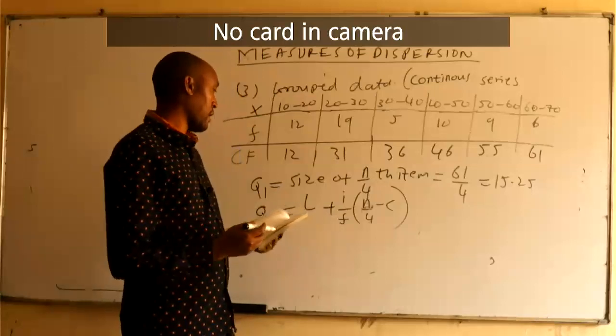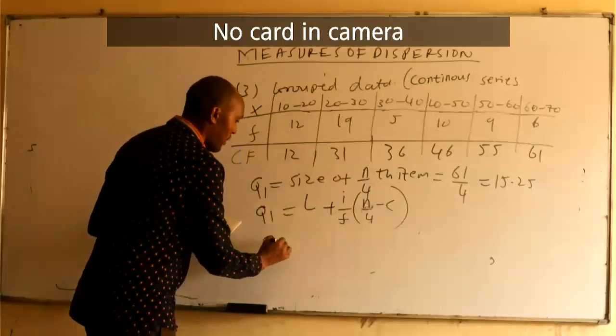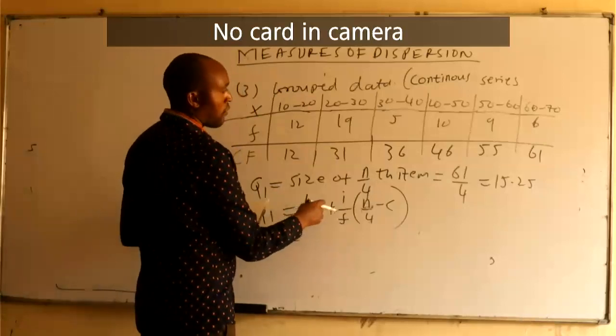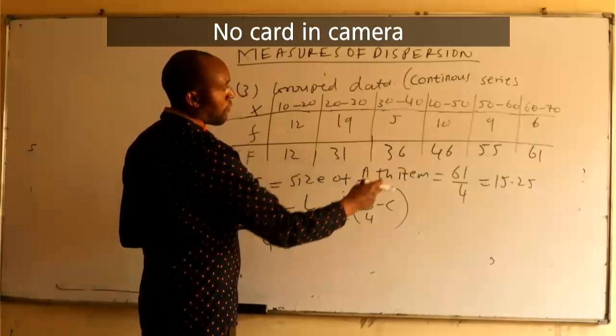So Q1 equals, first of all, we found 15.25.